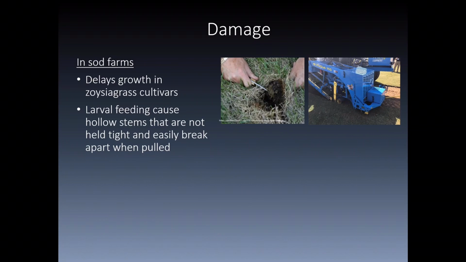In zoysia grass, we have seen this as a major problem because of delayed growth, especially when the grass breaks dormancy; it takes a longer time to break dormancy. Another issue is at harvest. If the zoysia grass is heavily infested, it won't hold together. It basically falls apart when we use the machines to cut the sod. That is another problem that I have seen in sod farms.